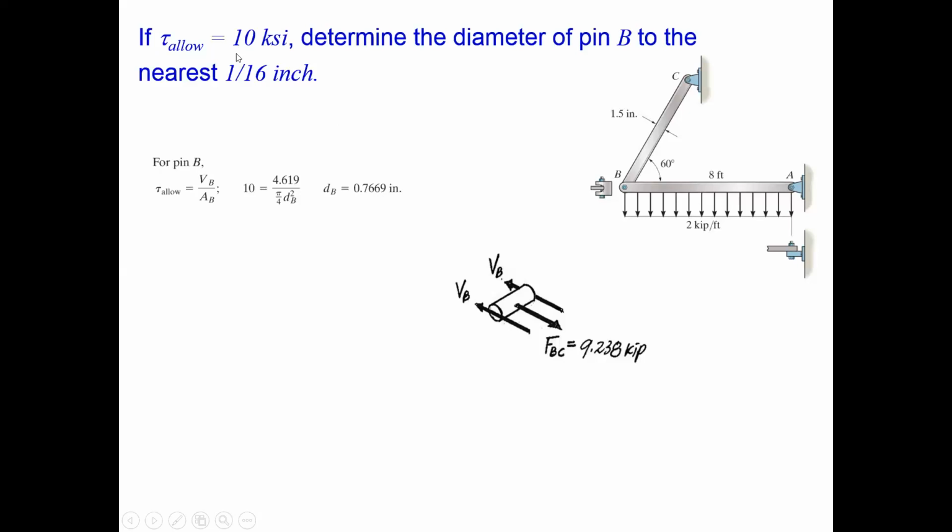Can we use the 12/16, or do we have to use the 13/16?